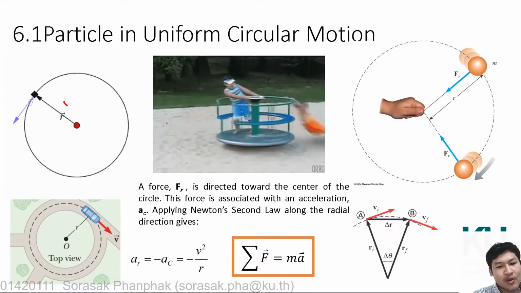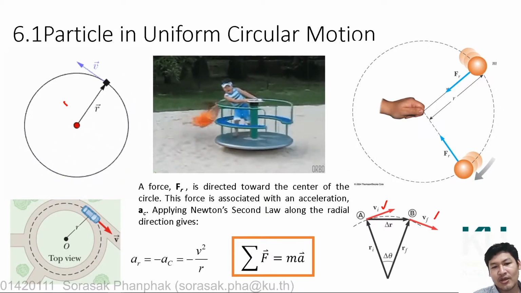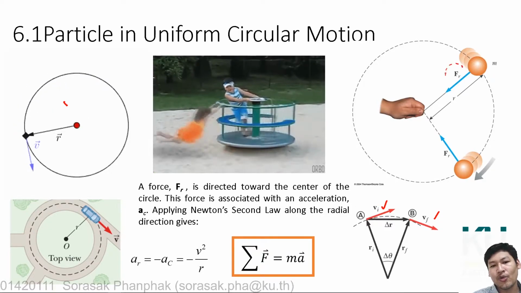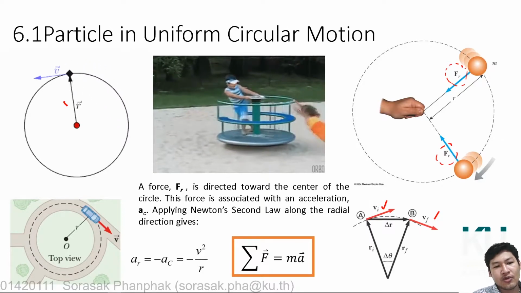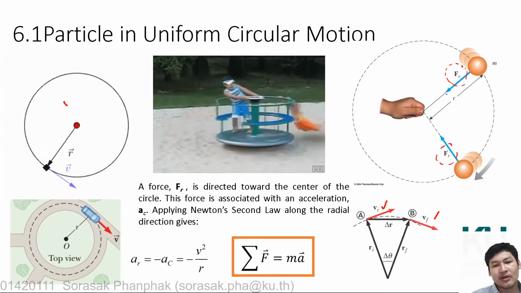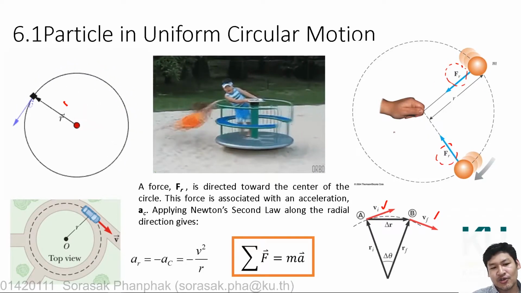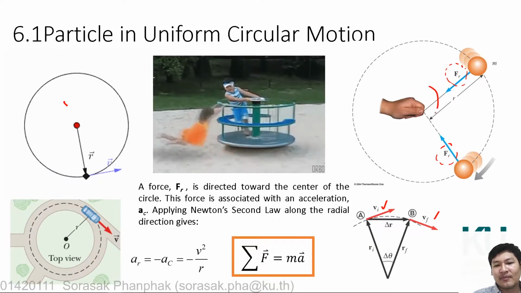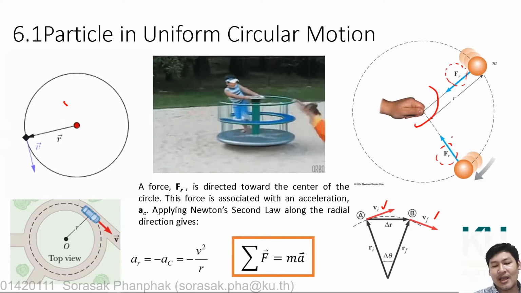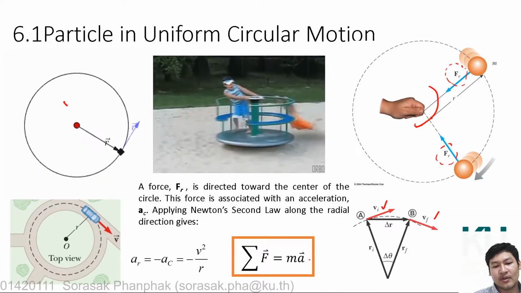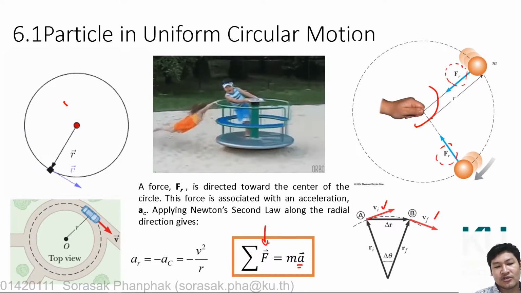Because you change the velocity direction here, there's going to be some acceleration pointing downward, and this is due to the force of the string tension, or maybe this lady's arms pulling this object to move in a circle. We will name this type of force the centripetal force, linked to the mass and the centripetal acceleration.